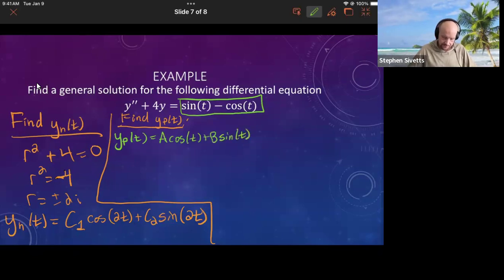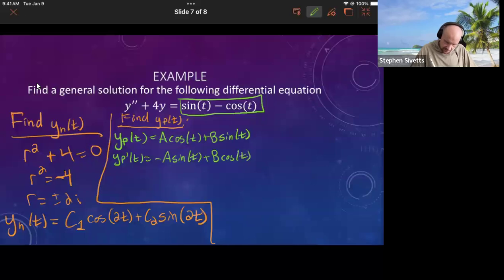Then y p prime of t is equal to minus a times sine t plus b times cosine t. And the second derivative would be minus a cosine t minus b times sine t.